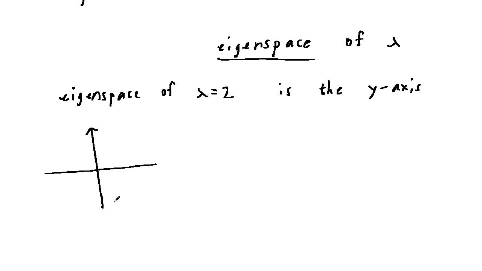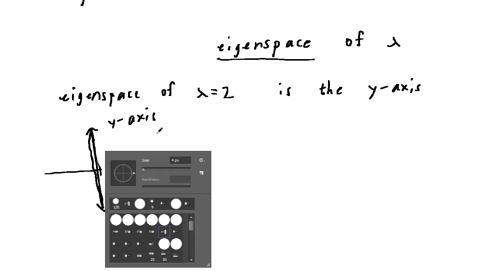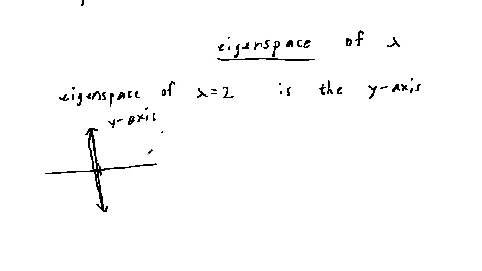So this is the y-axis, and it's a line and so it's a one-dimensional subspace of R2. R2 is the whole plane.